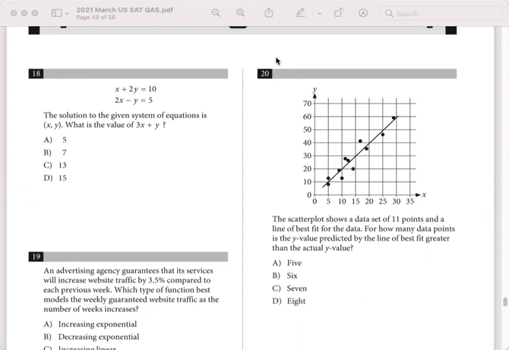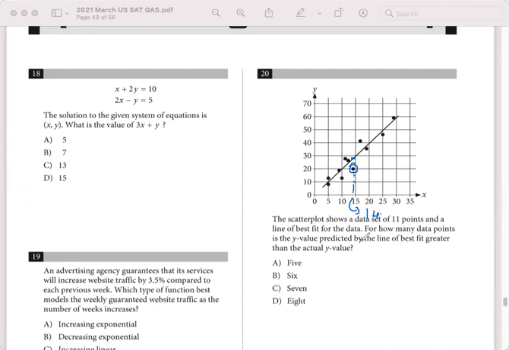For example, let's say I'm looking at this point, right, which is below the line. So the Y value predicted at, let's say this corresponds to an X value of 14. So the Y value predicted by the line of best fit is this, right, which is definitely higher than the actual Y value.